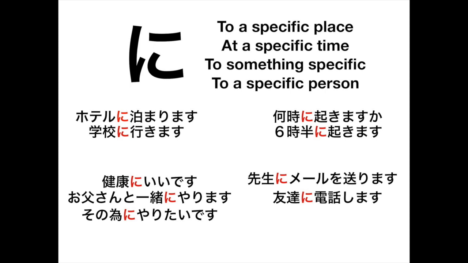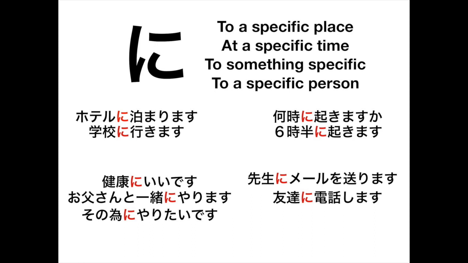And then going to the one on the bottom left, to a something specific. The example sentences I wrote here is 健康にいいです, which is it's good for your health. So 健康 is health, and then に is specific to that thing, and then いいです is good.